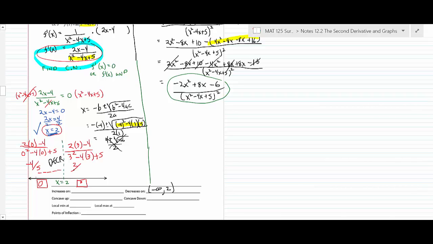You can do this in your head. 9 plus 5 is what? 14 minus 12 is 2. That's positive. Okay, that's what you care about. Okay? All right, what does that mean to you? That we're increasing. Okay, so the function's increasing. And from where to where? 2 to infinity. Okay, we have that down.